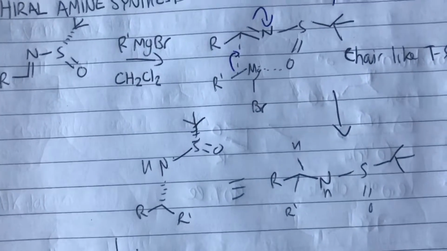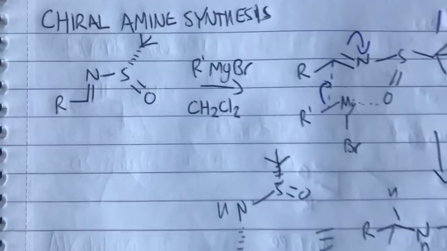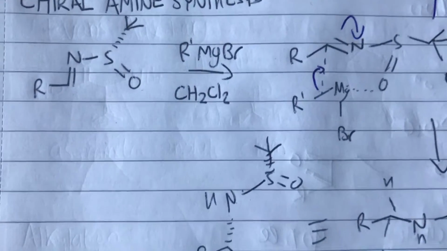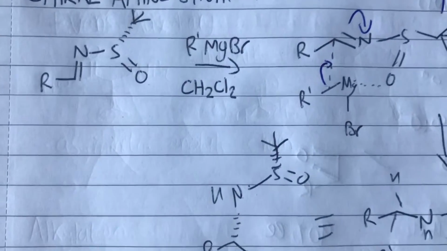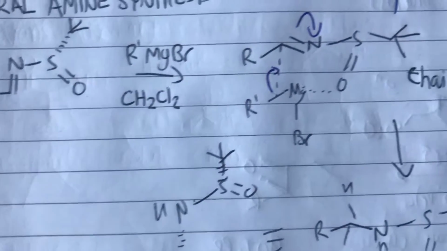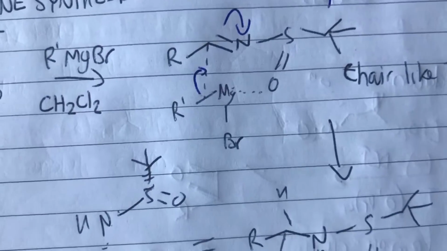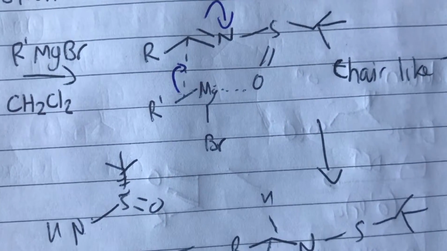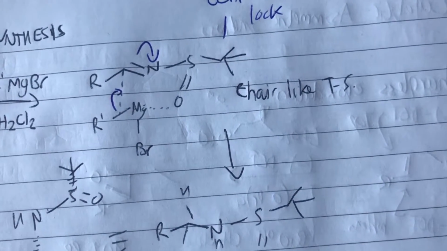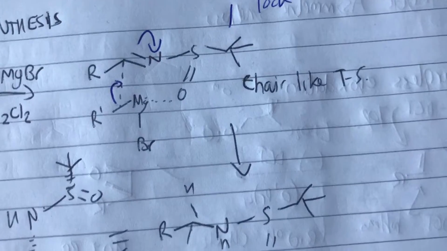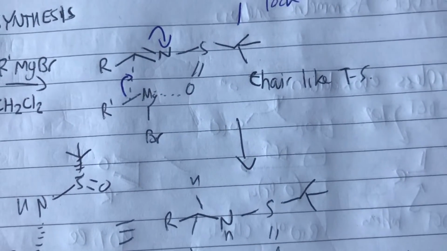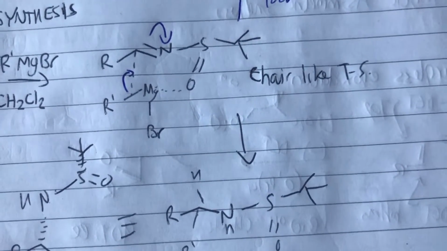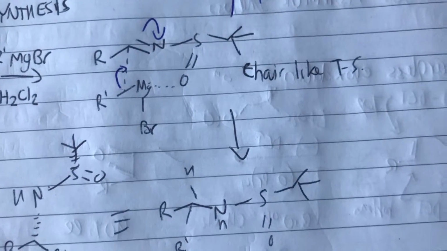We've also got chiral amine synthesis, which is something we'll include in here as well. Obviously using the Ellman sulfinamide again, and this time we're using a Grignard. As we know, Grignards can attack the carbon-nitrogen double bond, which it does while partially binding, forming this chair-like transition state. Obviously that's something that's key to remember, so look out for a Grignard with an Ellman sulfinamide.